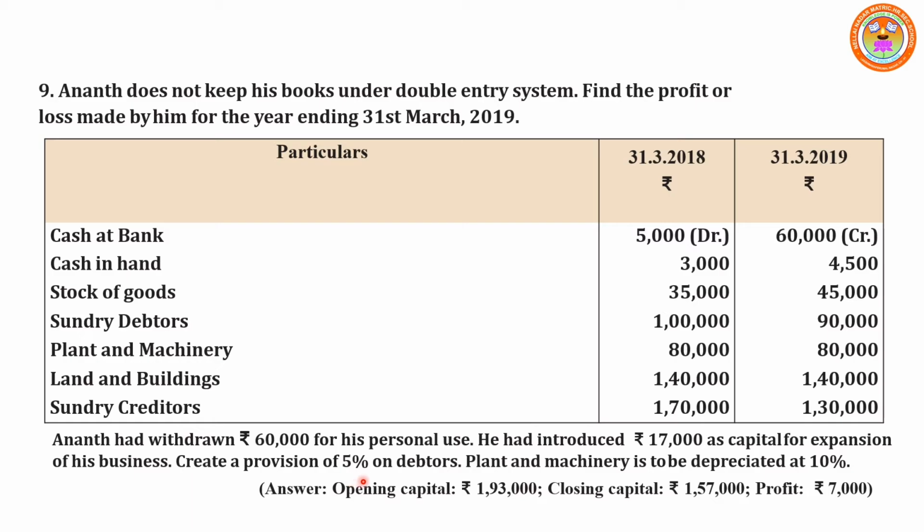Create a provision of 5% on debtors. Plant and machinery is to be depreciated at 10%. So these two items are called adjustments. Usually these adjustments will be shown while preparing closing capital. Why should we not show them while preparing opening capital?